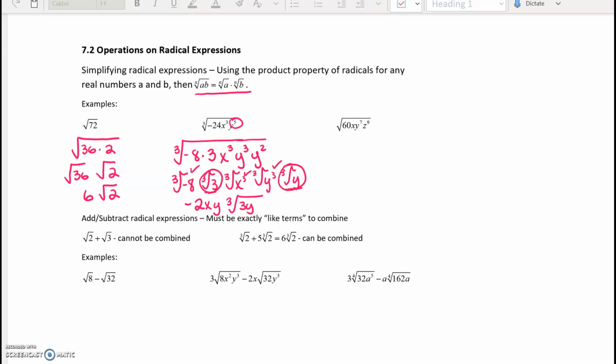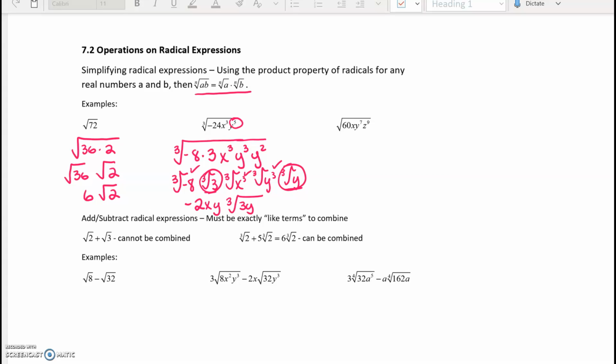Let's do another one. We've got square root of 60, x, y to the 7th, z to the 8th. There's a couple of ways we could look at this. Let's take a look at our 60. We're looking for numbers that go into 60 that are a perfect square. It may take you a little bit of time. 81 won't go in, 49 won't go in, 36 won't go in.